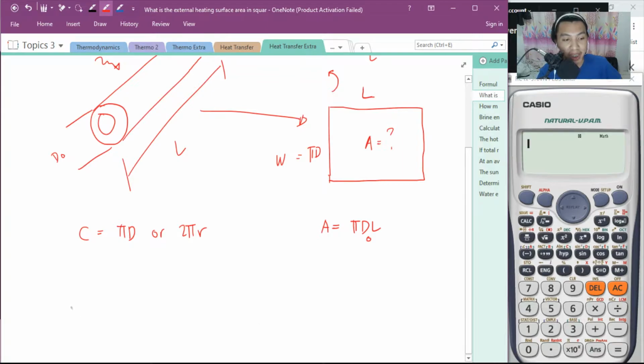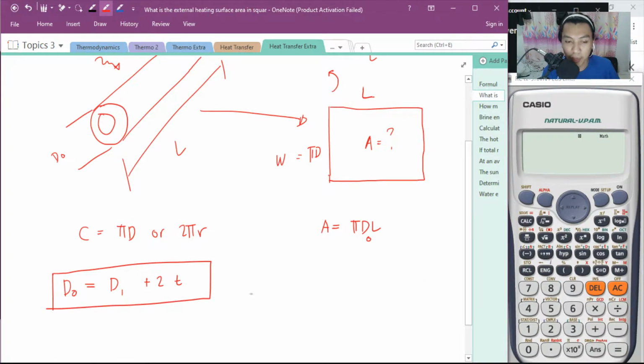It is basic kasi tapos na kayo ng machine design, di ba? That the outside diameter, di ba? Pag shafting, lagi itong ganitong kino-compute. The outside diameter is simply equal to the inside diameter plus twice of your thickness. Okay. Now, we can put that into this equation. And we can determine the external heating surface.